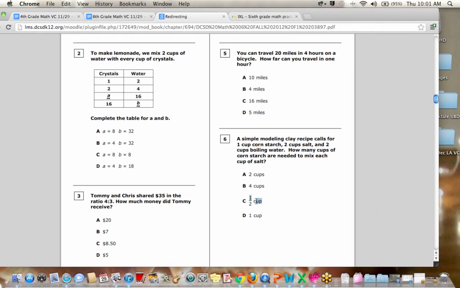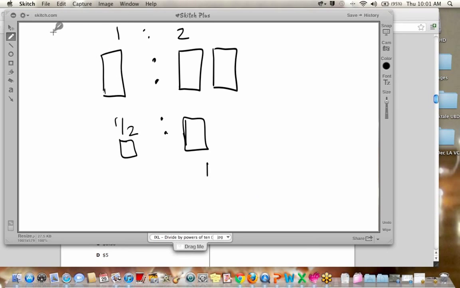And there it is. There's your answer, 1/2 a cup. Did that make sense? Sometimes going over and drawing a picture of what they're talking about of the ratio will be helpful. This is what they gave you. They gave you 1 cup of cornstarch to 2 cups of salt. And then they told you, we're going to take one of those away. So we took half of it away. So take half of this one away. And there you go.